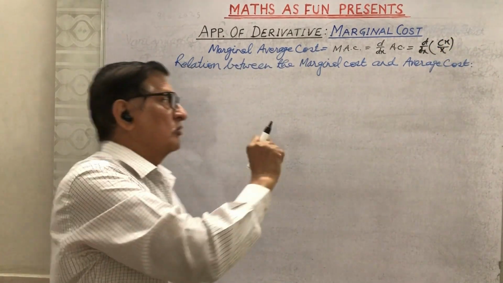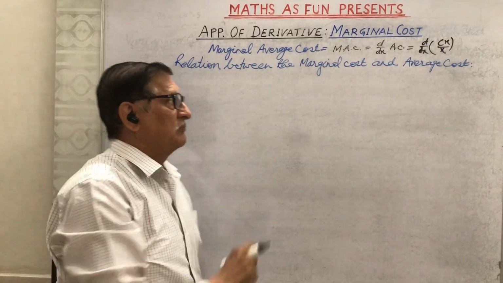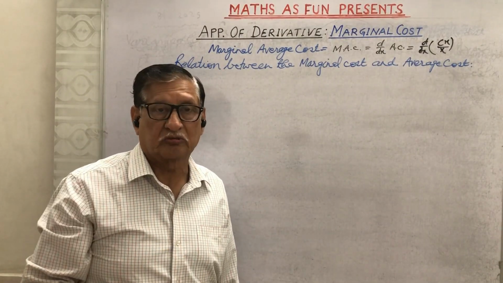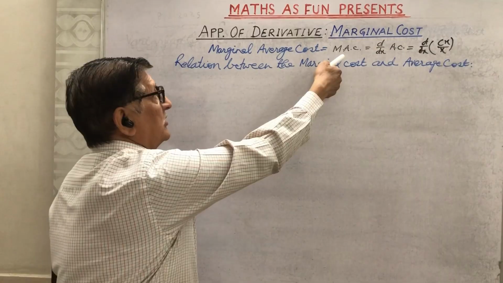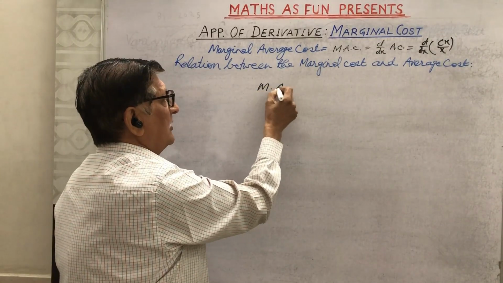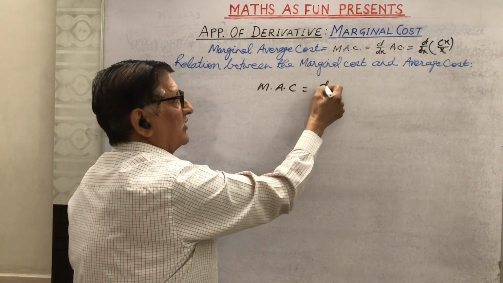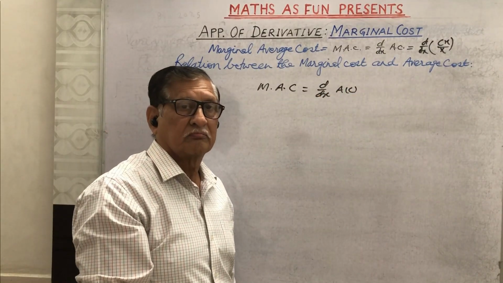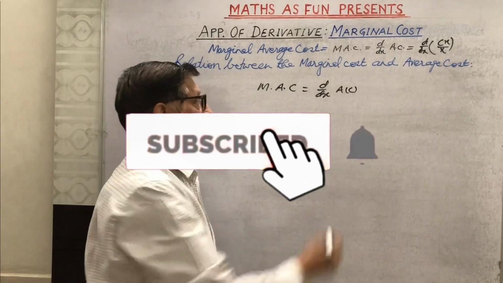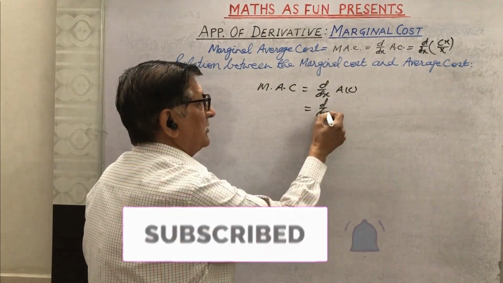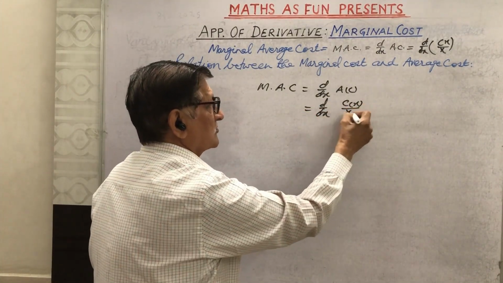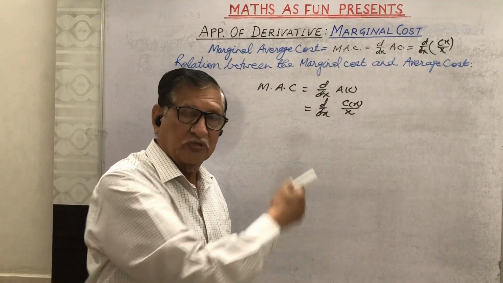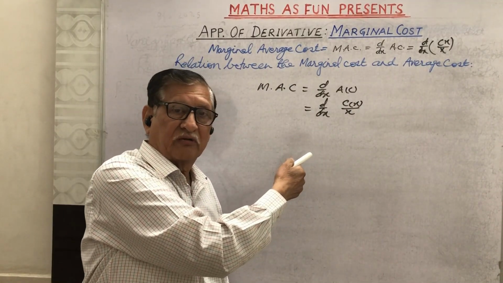Now we want to learn about the relation between the marginal cost and the average cost. As we have seen, the marginal average cost is given as d/dx of the average cost, that is equal to d/dx of C(x)/x. We know the quotient rule of derivative.